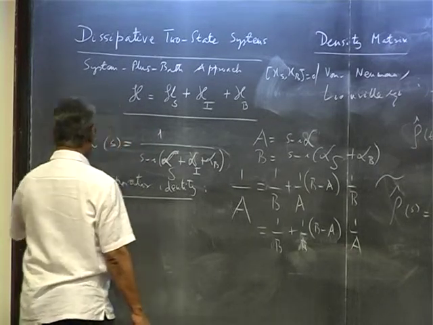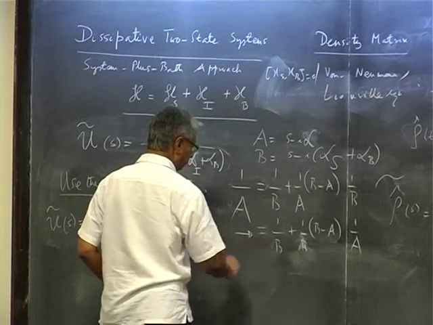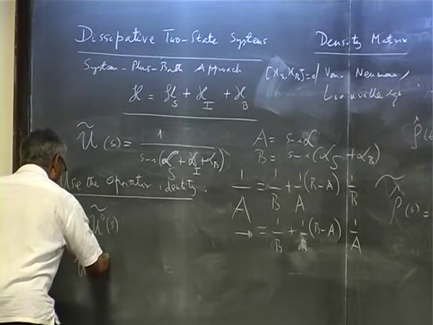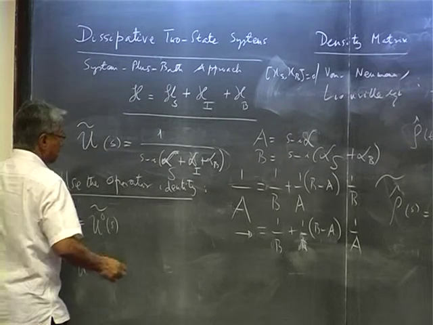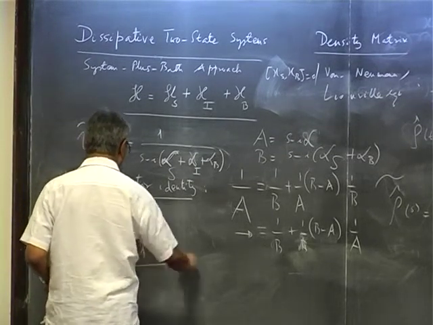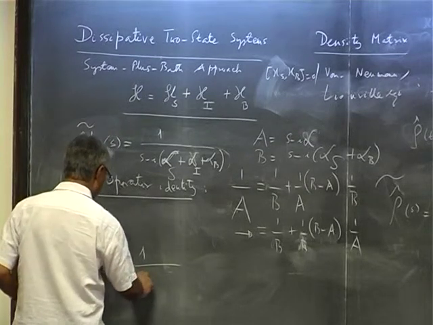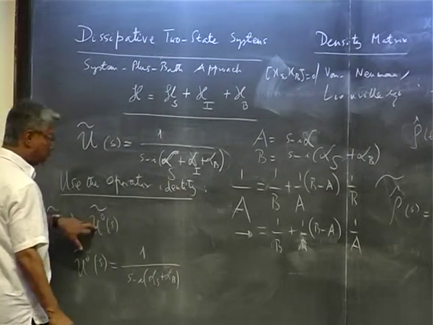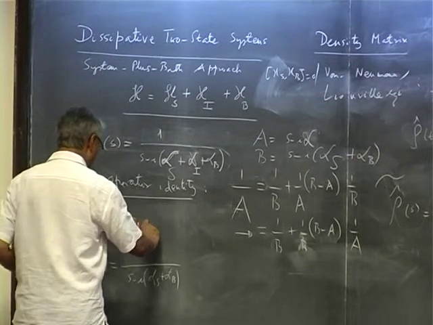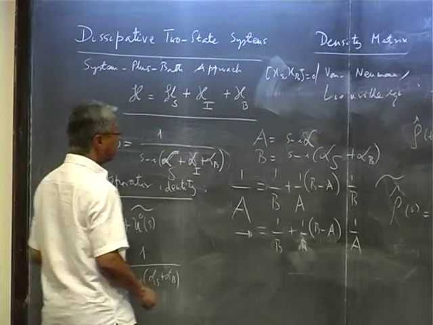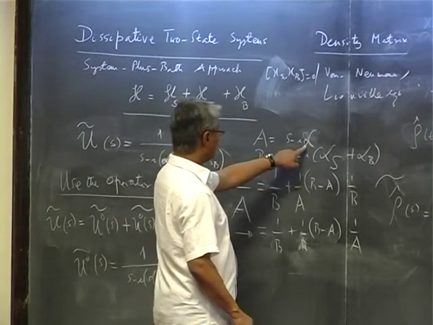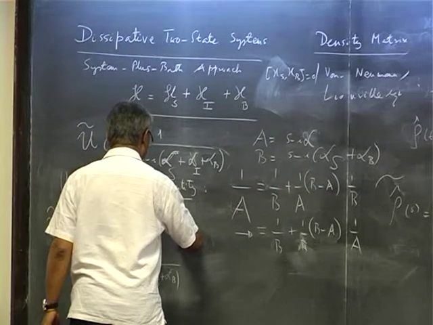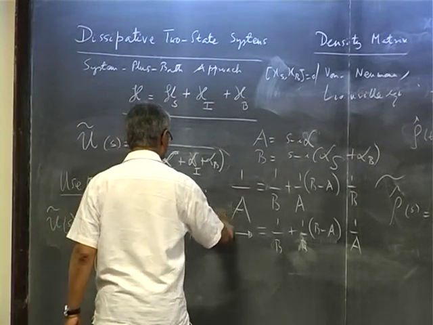Therefore, using this identity, U of S is U naught of S, the unperturbed Green's function or propagator, 1 over S minus i L_S plus L_B, that's 1 over B. Then you have U0 of S again, and B minus A. Now A had only an extra term, L_I, so B minus A simply gives i L_I upstairs, and then U of S back again.